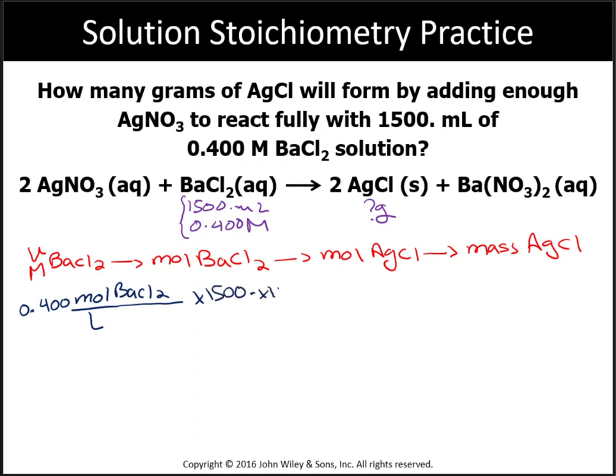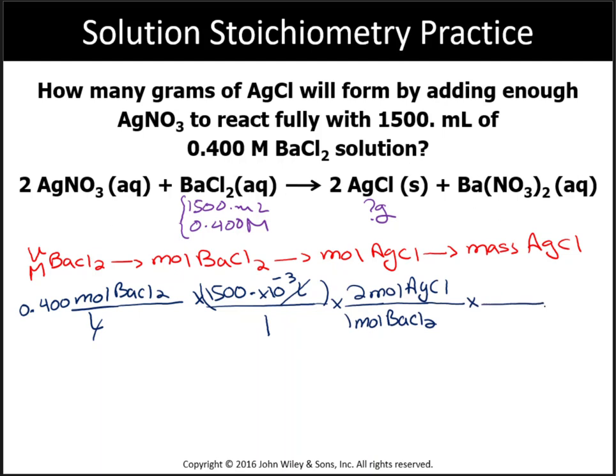Remember that this needs to be in liters. So liter and liter cancel out. You have moles of barium chloride. Based on the balanced reaction, each mole of barium chloride produces 2 moles of silver chloride.